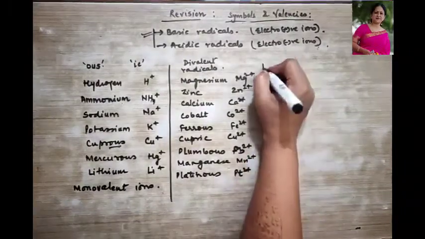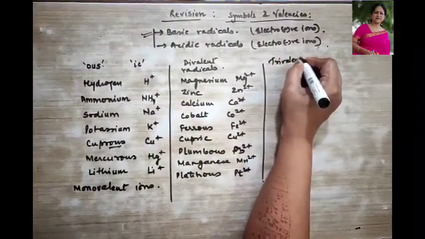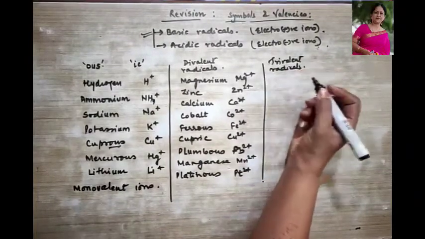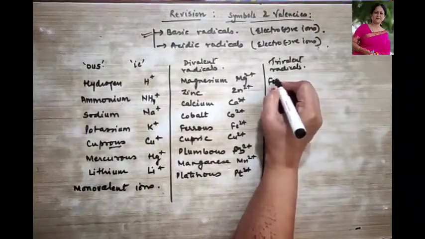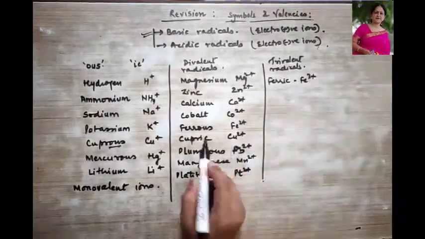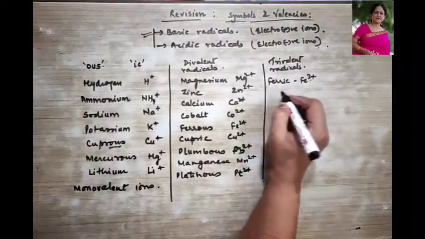So these are some of the divalent radicals. Now let's talk about trivalent radicals. Trivalent radicals could be like your ferric, Fe3 plus. So ferrous was 2, lower valency, ferric is a higher valency.